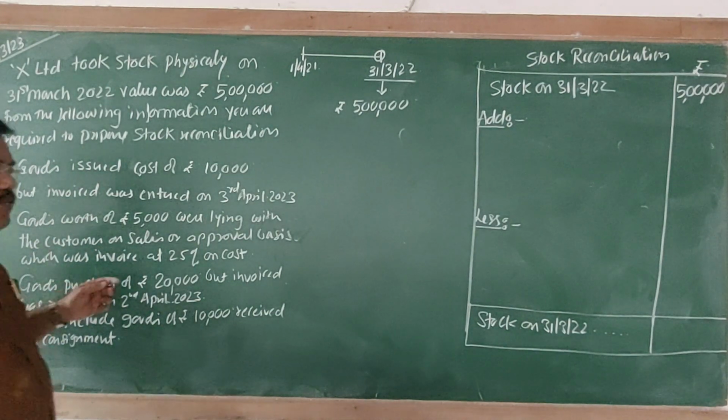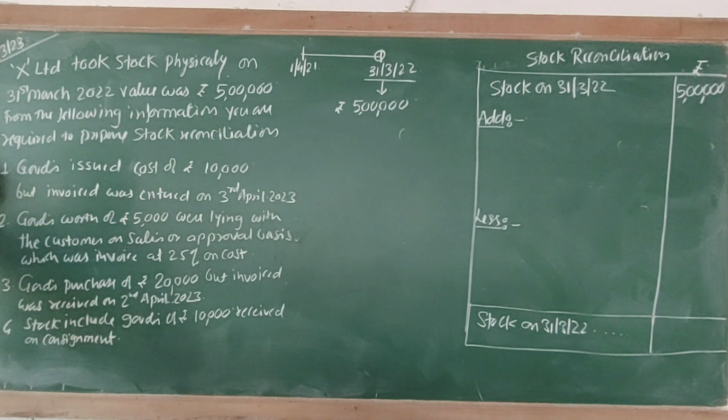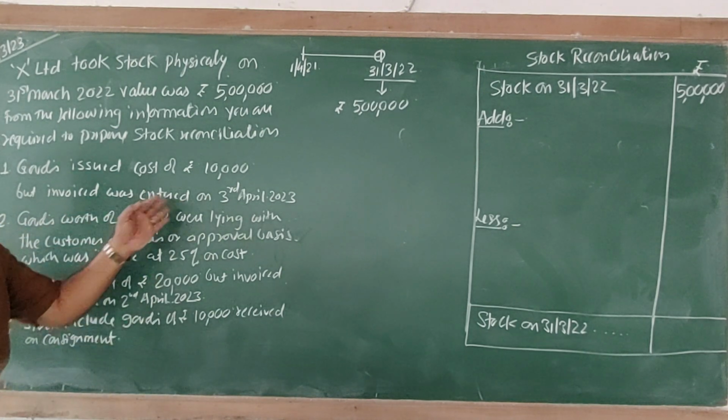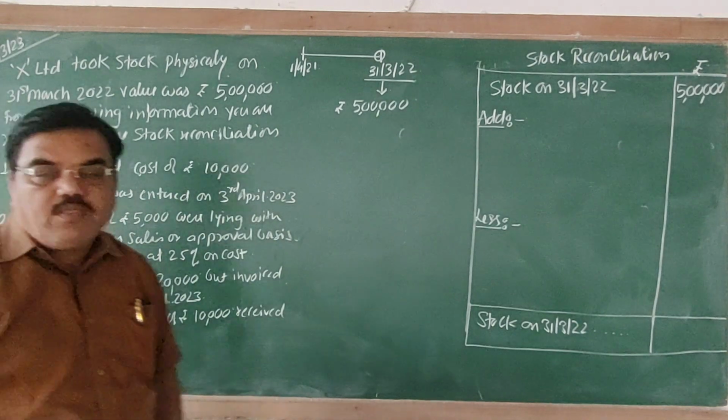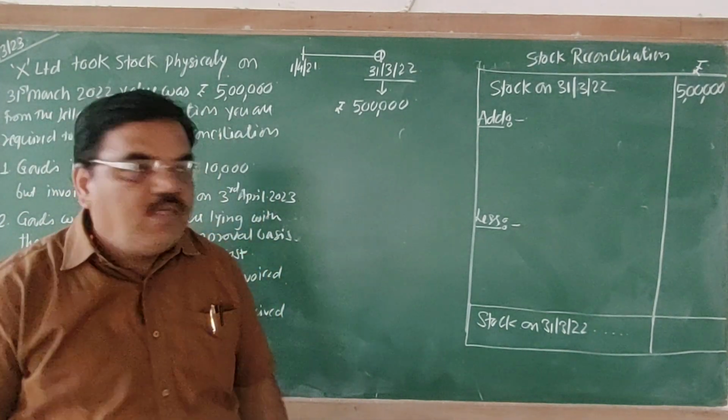The first one: goods issued at cost of rupees 10,000, but the invoice was entered on 3rd April 2023. Now what do you mean by this? Try to understand.